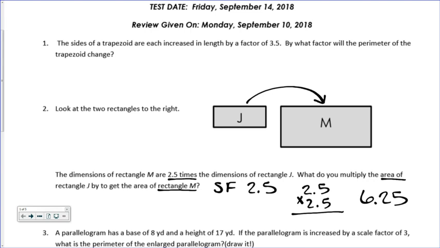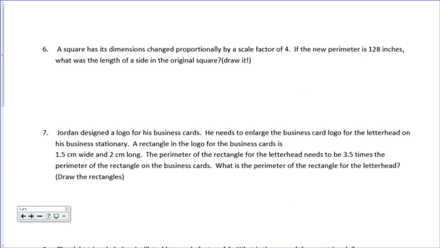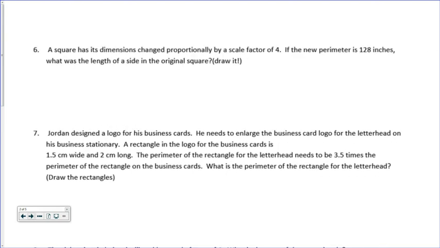All right, let's move on to number 7. Jordan designed a logo for his business cards. He needs to enlarge the business card for the letterhead on his business stationery. A rectangle in the logo for the business card is 1.5 centimeters wide and 2 centimeters long.